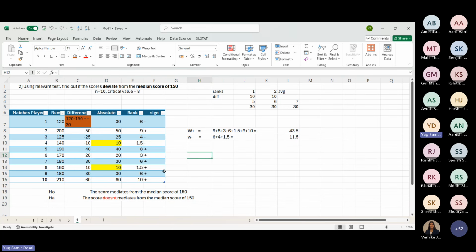So our test statistic is W, and we had two values, W plus and W minus. W is the smaller of those values. From 43.5 and 11.5, the smaller value was 11.5, and we consider that. So W is our test statistic.